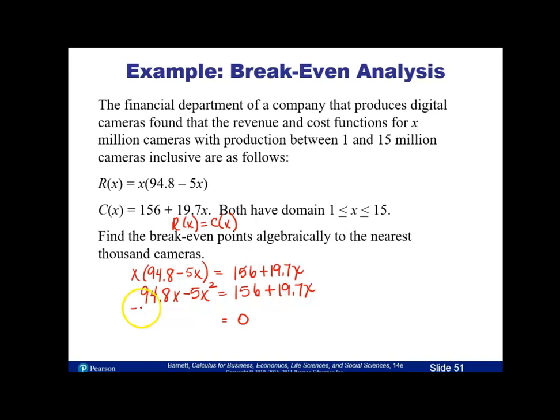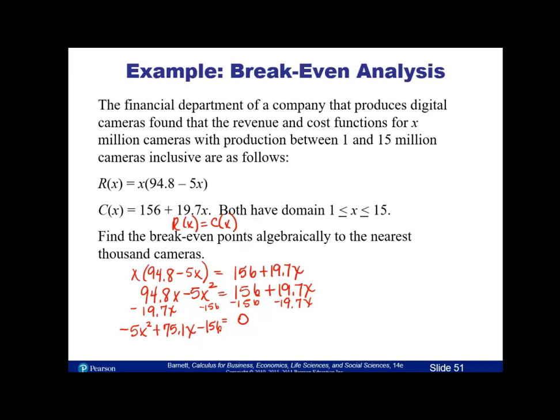So I'm going to subtract the 19.7x, and I'm also going to subtract the 156. Okay, so I'm going to put this in standard form, which will be negative 5x squared. If I do 94.8x minus 19.7x, that's going to give me 75.1x and then minus 156.